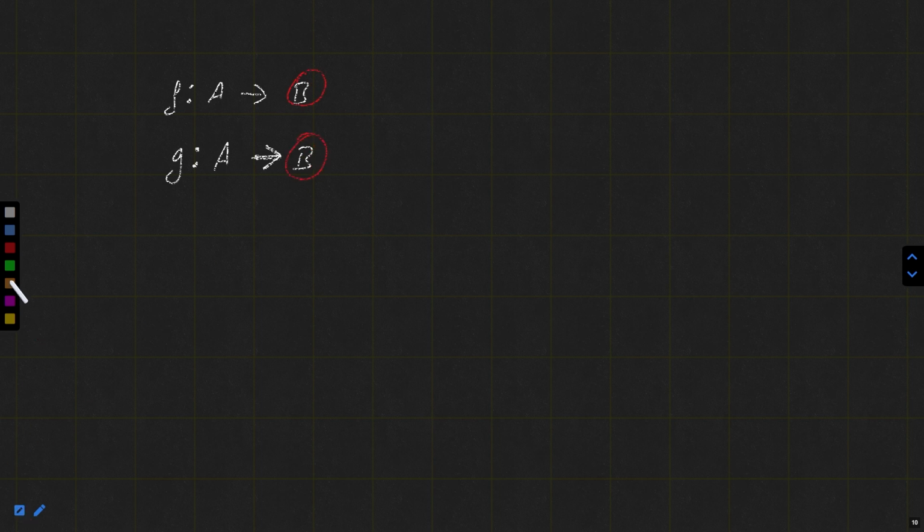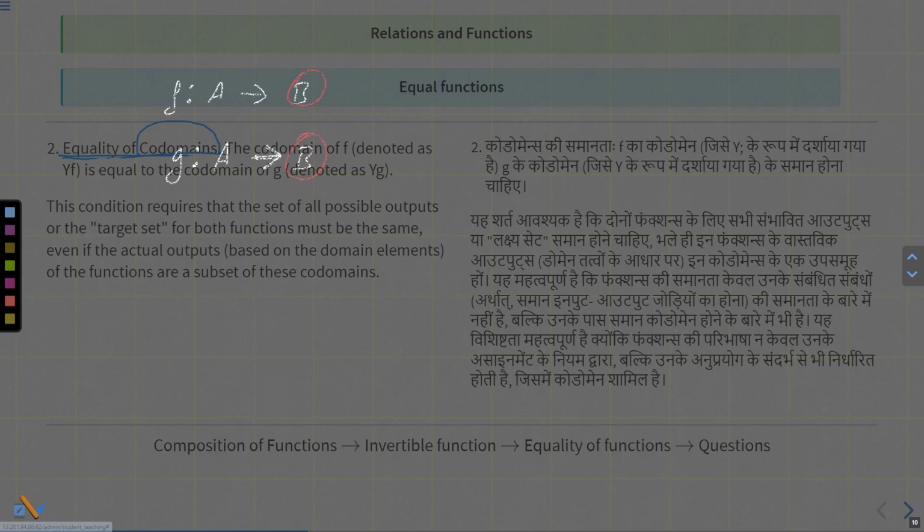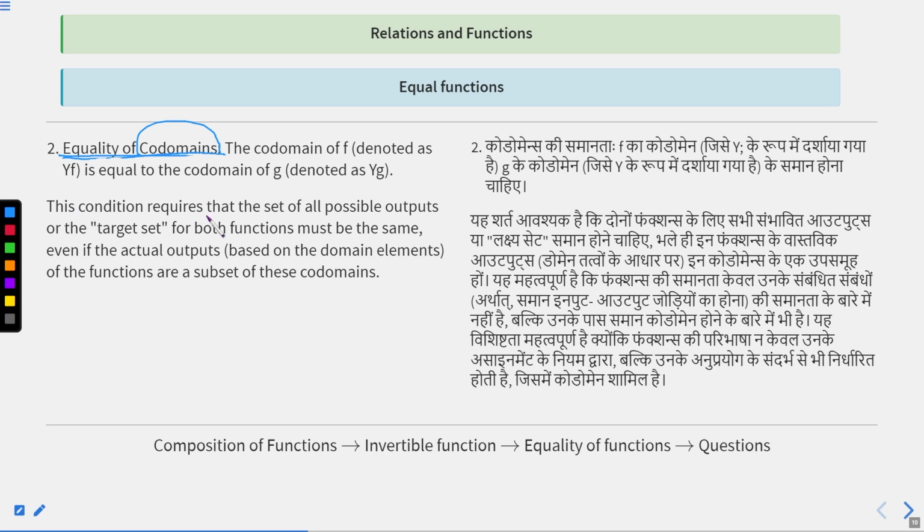This condition requires that the set of all possible outputs, the target set, for both functions must be the same, even if the actual outputs of the functions are a subset of these codomains.